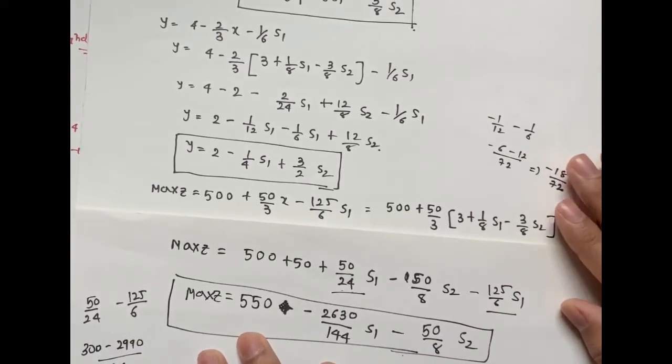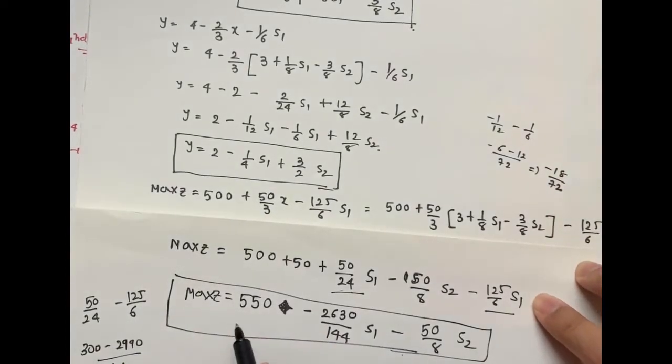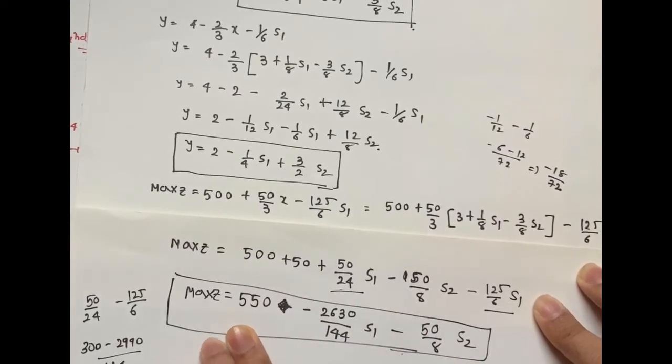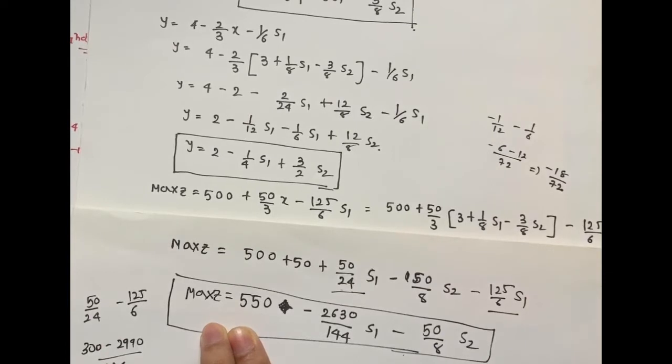Now in this third iteration, the maximum profit that I have achieved is 550 minus 2630 by 144 s1 minus 50 by 8 s2. Now I can increase this profit again by decreasing the value of s1 and s2, as they have negative signs. I can decrease the value to maximize this profit.